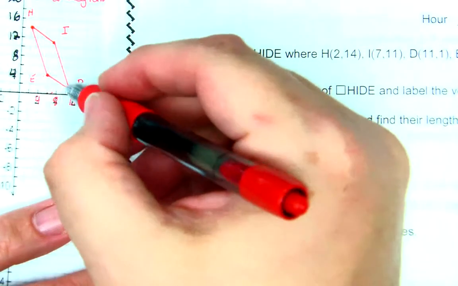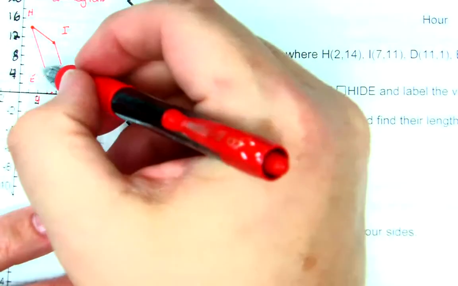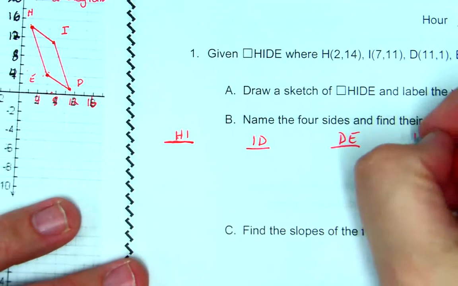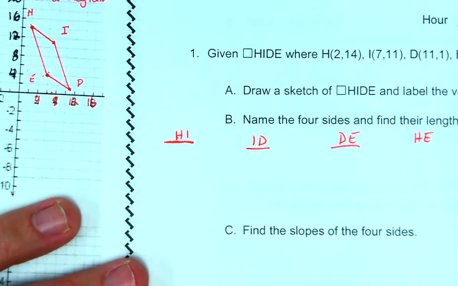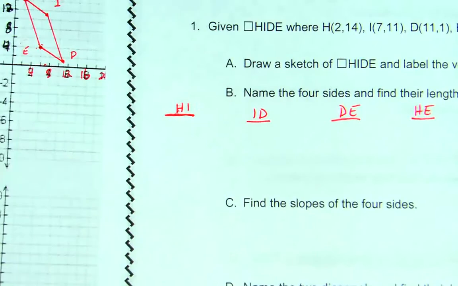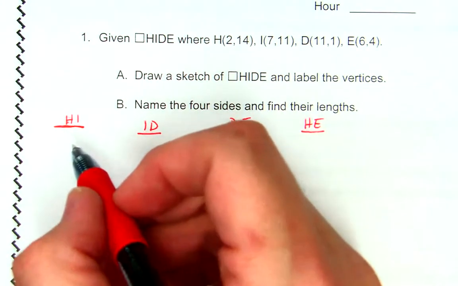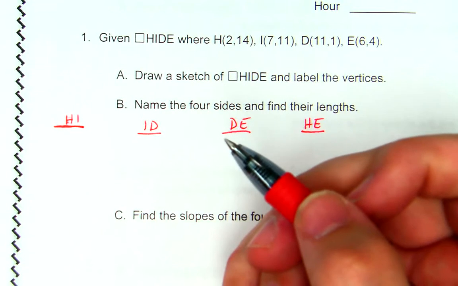The next side would be DE. And then the next side would be HE or EH, however you want to do it. Doesn't really matter. And so we have to find lengths. So how do we find lengths? Use a distance formula, correct?